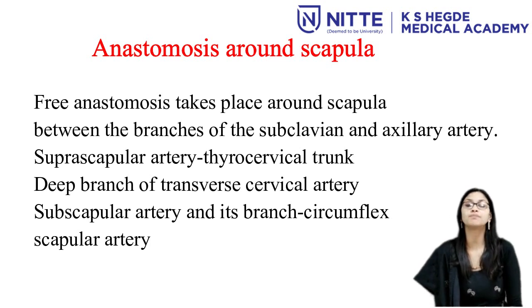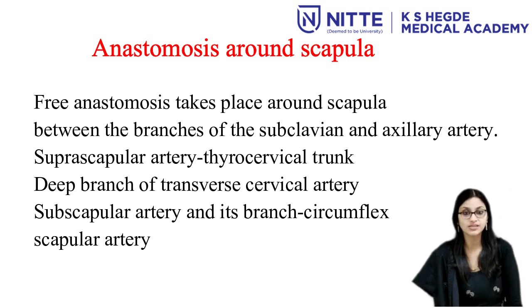The branches taking part are the suprascapular artery, a branch of the third part of the axillary artery, with the branch given by the thyrocervical trunk, the deep branch of the transverse cervical artery, and the subscapular artery and its branch, the circumflex scapular artery.